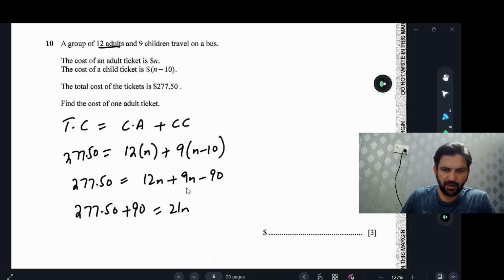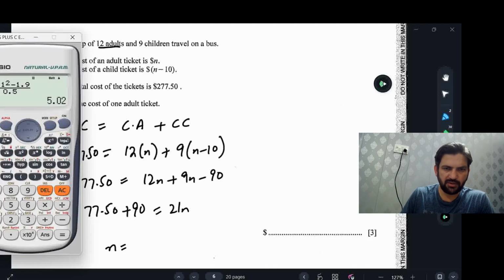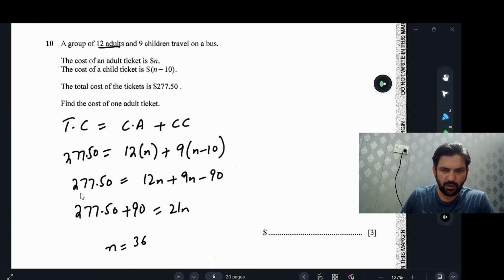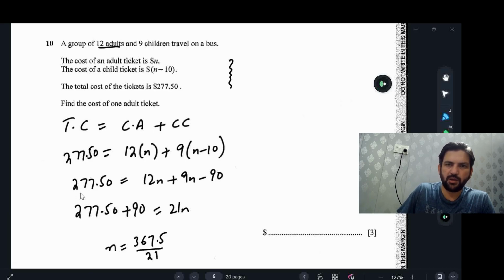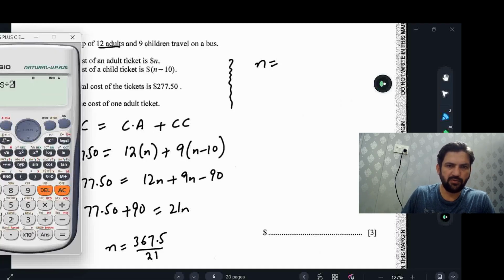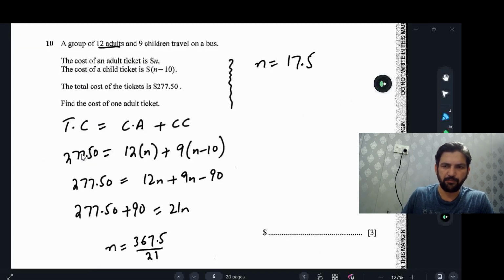Now if we simplify, n will be equal to 277.50 plus 90, which is 367.5, divided by 21. n is basically the cost of one adult, so n will be equal to $17.50.